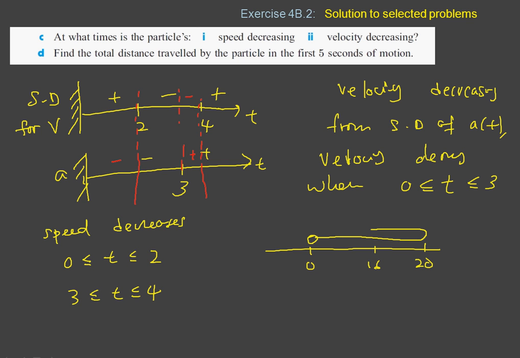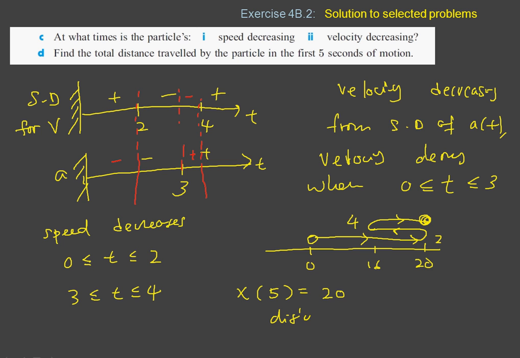Okay, so if we find out the position of the particle when time is 5, if you calculate, this is equivalent to 20. It means that this is when time equals 2, time equals 4, and when time is 5, the particle is here. It was traveling in this direction, U-turn and U-turn.